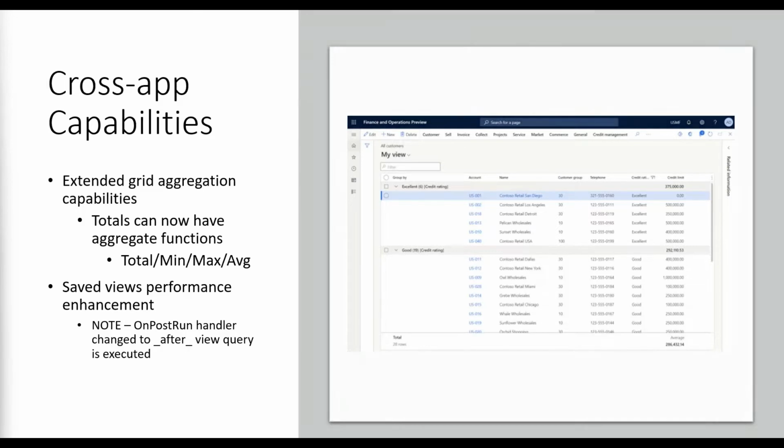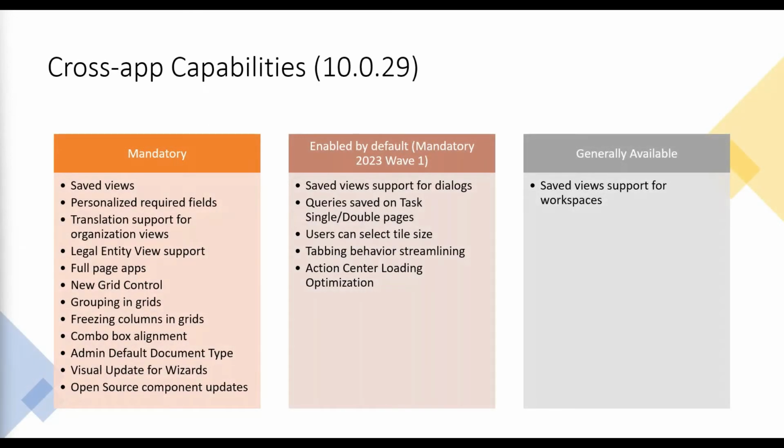Kind of moving along here then from the cross app capabilities. Typically, I like to go through and tell you what's mandatory, what's enabled by default, what's generally available for this particular release. So when we look at this release now, we are at the 10.0.29 release, right?